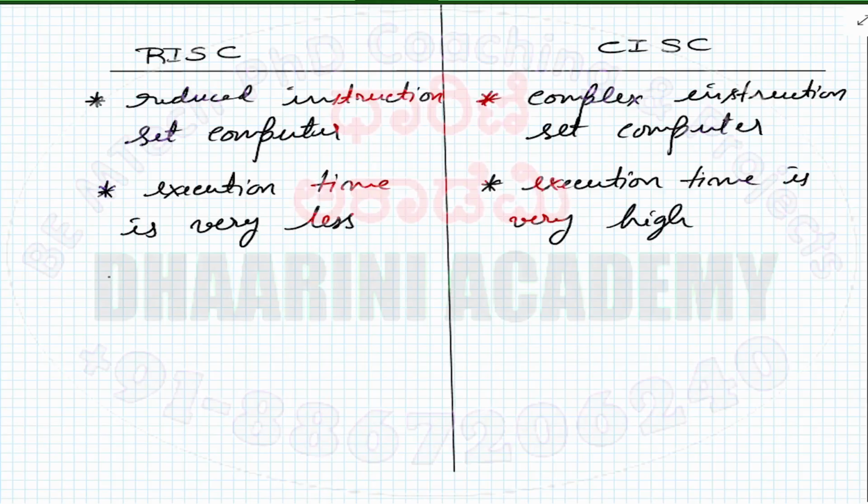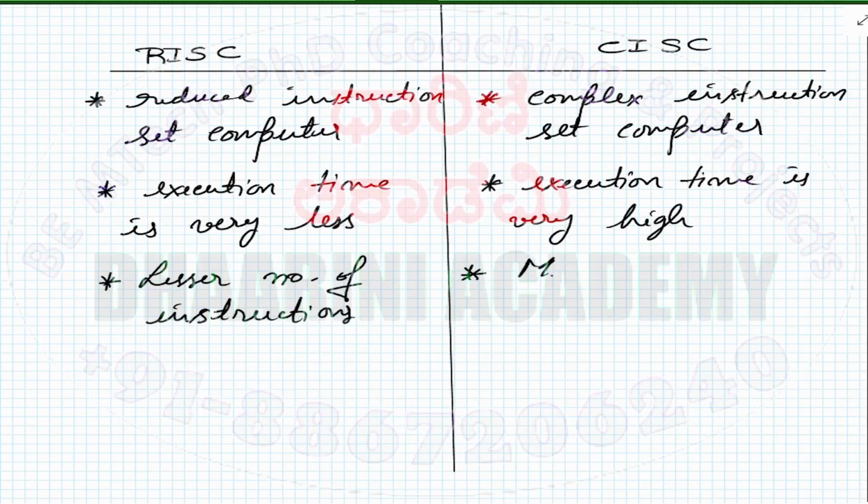The name says reduced instructions, which indicates that the total number of instructions is less compared to the CISC. So we'll write lesser number of instructions. Whereas the CISC is going to have more number of instructions.